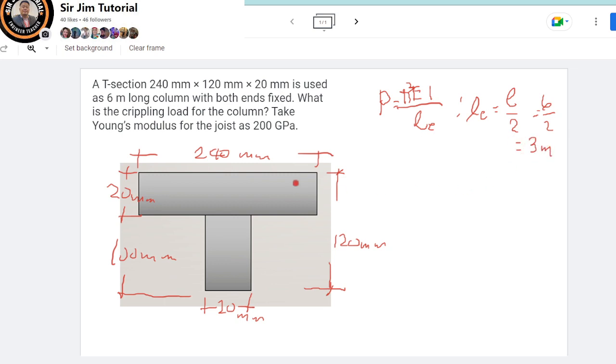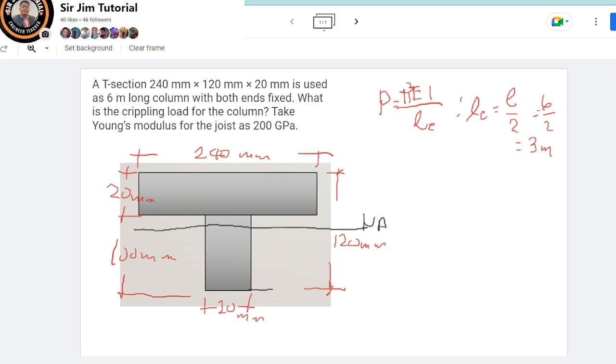Now our concern is to compute the moment of inertia with respect to the x-axis. But in this case, we have to identify first the location of the neutral axis. So we can say that it is somewhere here, but first we are going to compute the location of this.